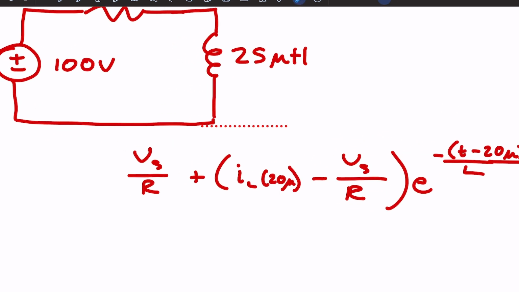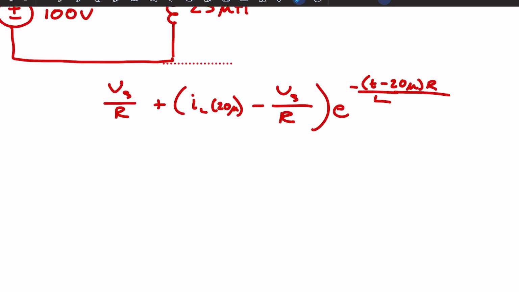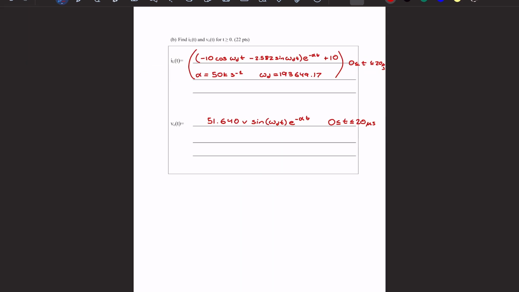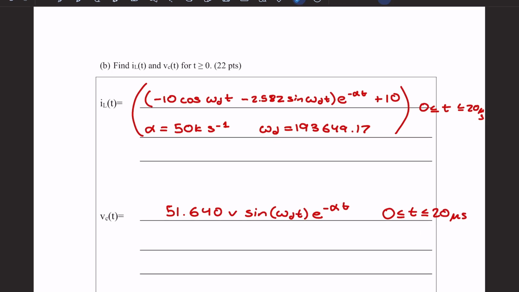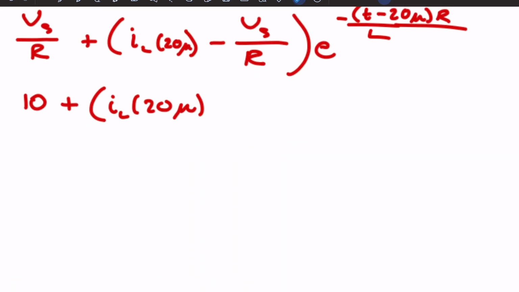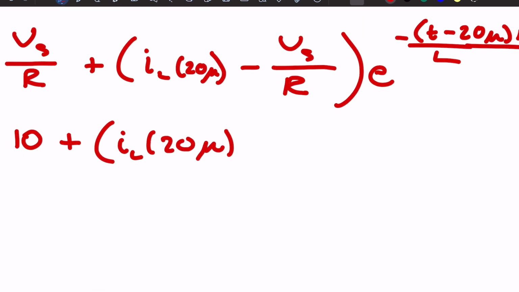Again, V is 100, R is 10, right? So 10 plus I_L at 20 micro. What is that? What is I_L at 20 micro? Well, if you notice, we actually have an equation written right here for it, right? So we can actually plug in 20 microseconds into that equation.